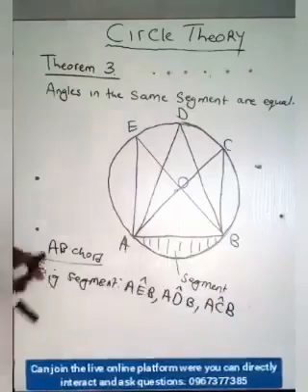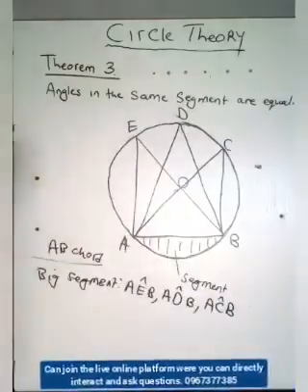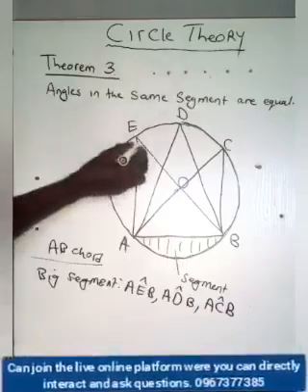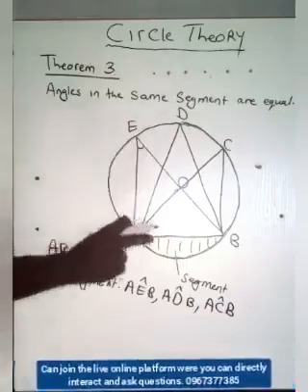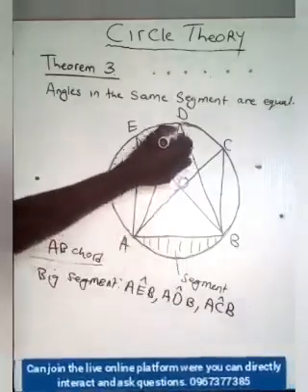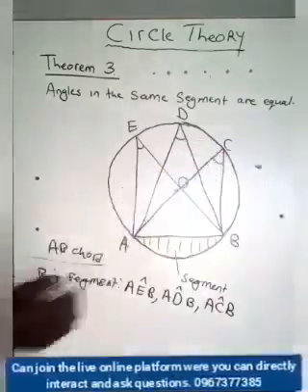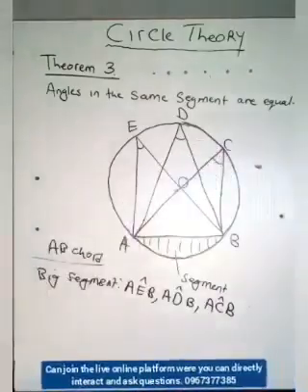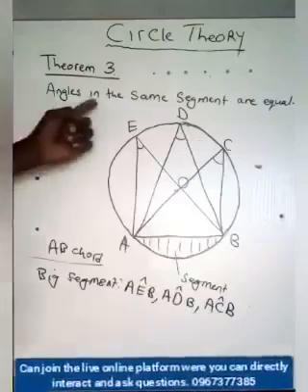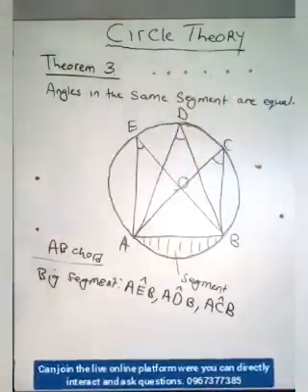Angle AEB, so we are talking about this angle. We have angle ADB, so we are talking about this angle, and angle ACB, that angle. According to the theorem of angles in the same segment, these angles are equal.